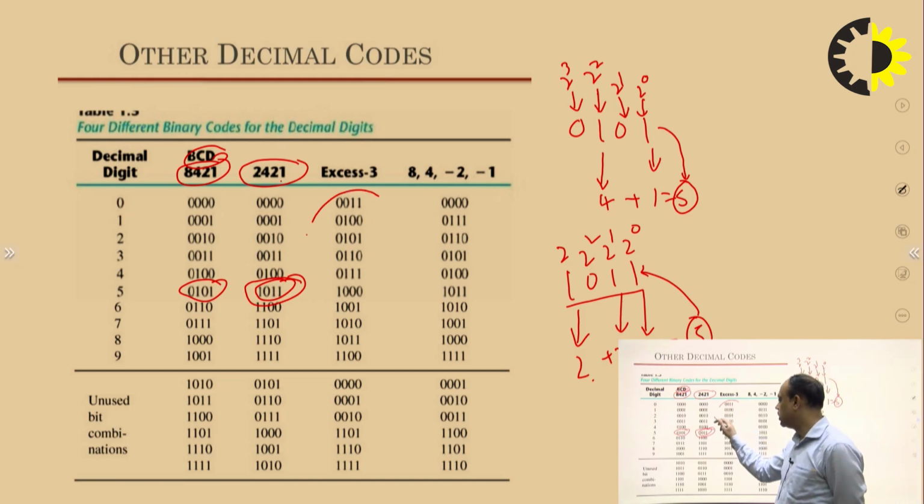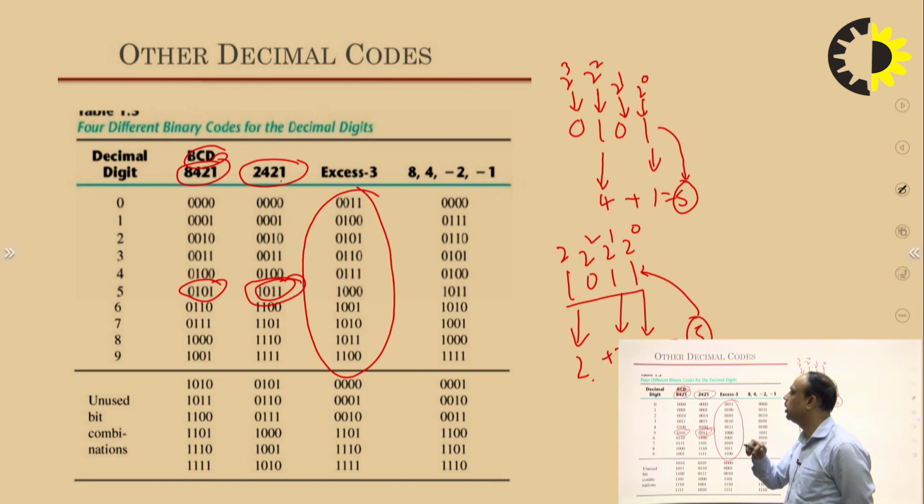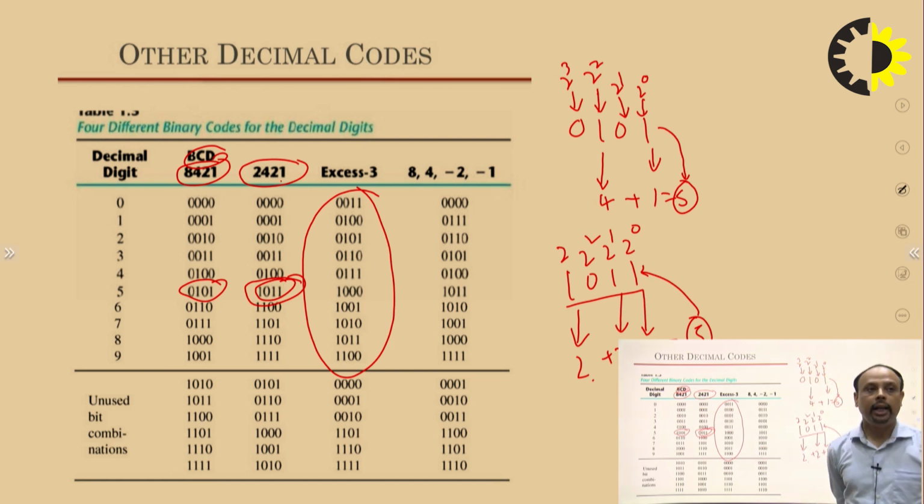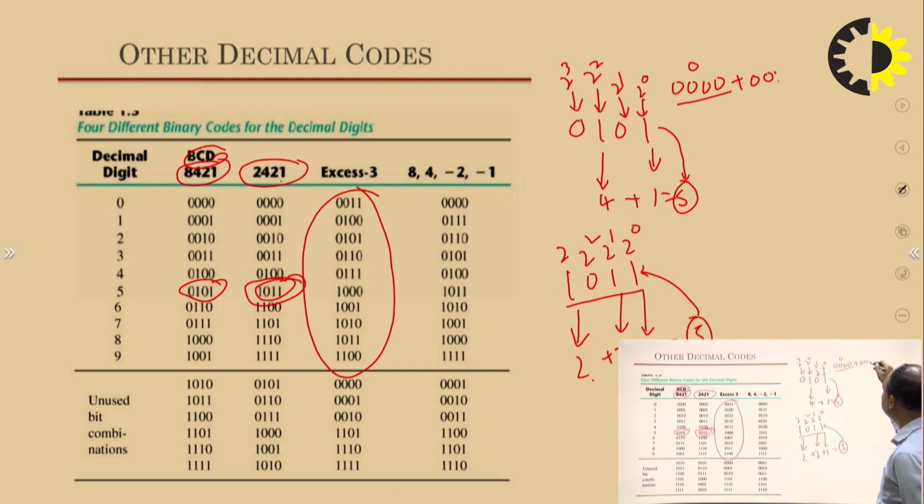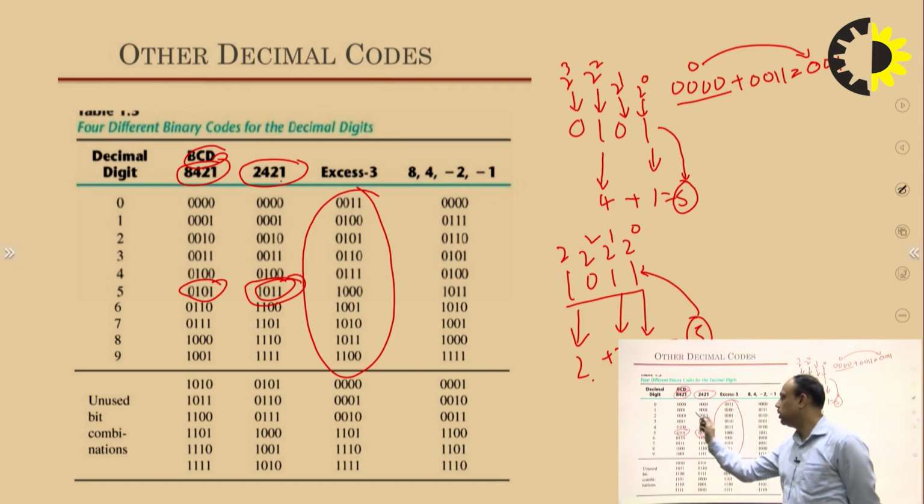Excess 3 code is again a special decimal code in which there is an excess of 3 in the decimal equivalent number. Like if we have the binary equivalent of 0 and we add 3 to this number, then we find that it is equal to 0011. So the binary code in excess 3 of 0 is 0011.